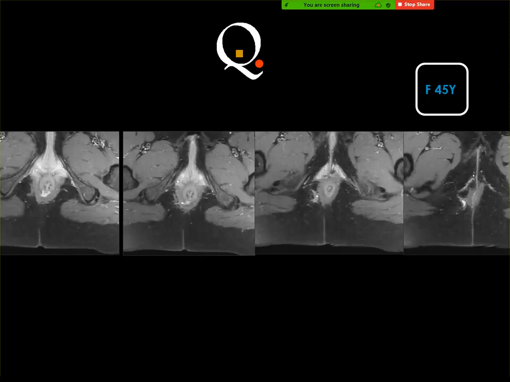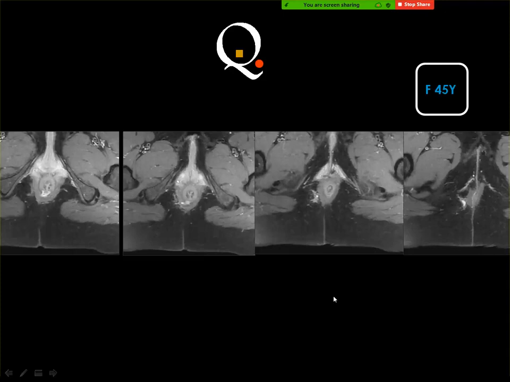Perianal inflammatory change. No fistula? Yes, there is a fistula. Inter or trans? Transsphincteric. Grade? Transsphincteric, 3 or 4? 3. And you see this collection.